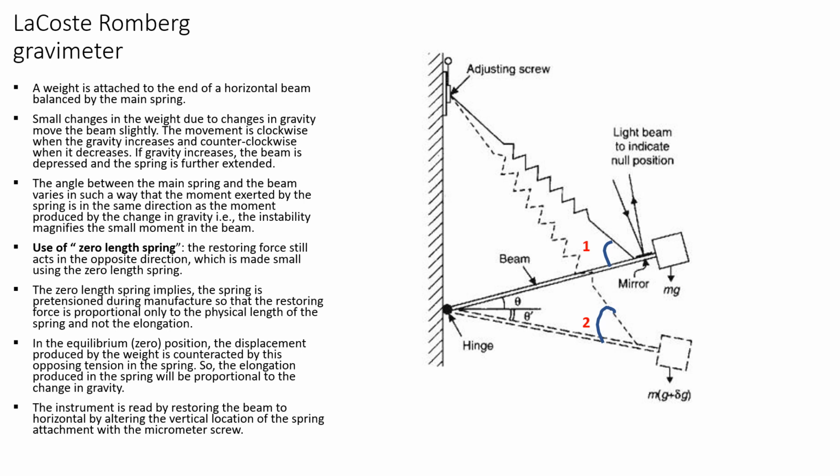So you can see when the weight increases, that is the value of gravity increases, the spring also gets extended and the angle between the beam and the spring decreases. But on the other hand, when the value of gravity decreases, the beam rotates anti-clockwise or counterclockwise. The angle represented by 1 between the spring and the beam decreases.